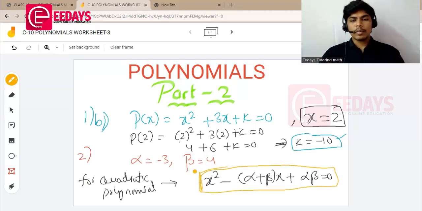If they give alpha and beta like this, then we have to form the quadratic polynomial like this. Understood, everyone? Clear? Now just substitute alpha and beta here. Alpha is minus 3, beta is 4. Substitute over there. Then what is the new equation we get?